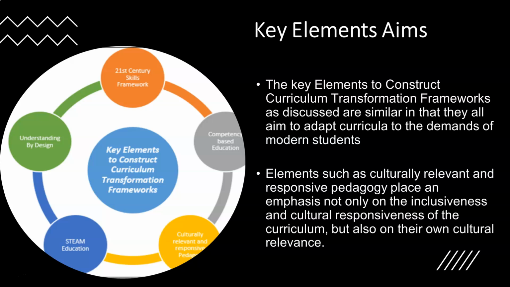Others, such as the 21st Century Skills Framework and STEAM education, have the goal of encouraging the development of abilities that are more complex. Elements such as culturally relevant and responsive pedagogy place an emphasis not only on the inclusiveness and cultural responsiveness of the curriculum, but also on their own cultural relevance.